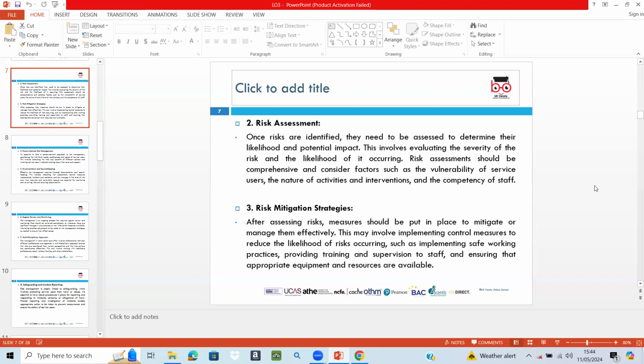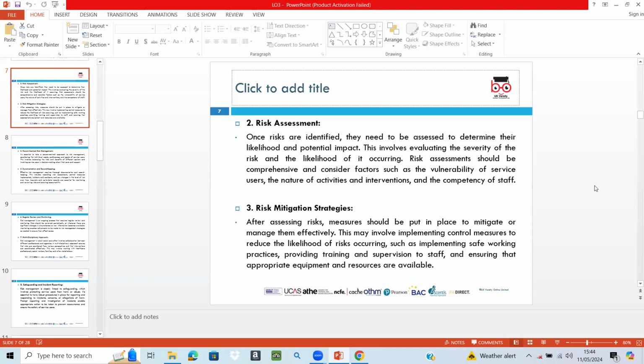Examples of risk mitigation strategies in adult social care could include implementing safe working practices and protocols to ensure the physical and emotional well-being of service users, then providing comprehensive training and supervision to staff on best practices, risk management, and emergency procedures.